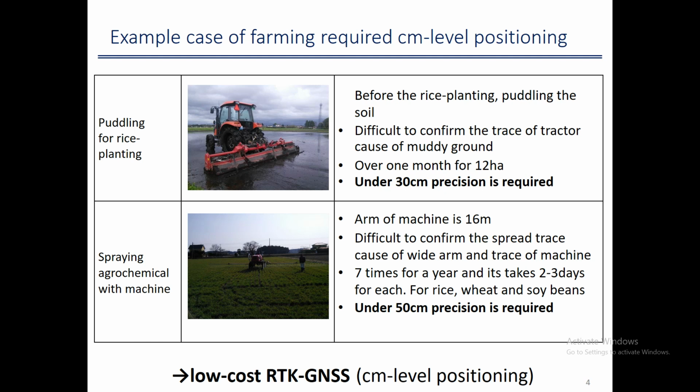some conclusions. Before the rice planting, paddling the soil, it is difficult to confirm the trace of the tractor because of the muddy ground. Over 1 month for 12 hectares, under 30 centimeters precision is required.